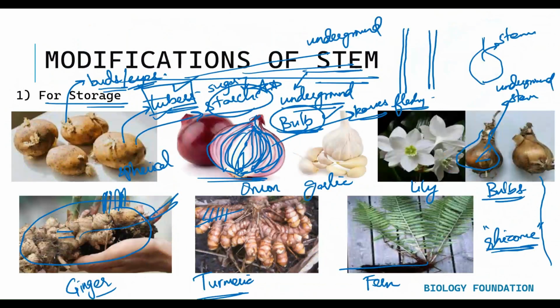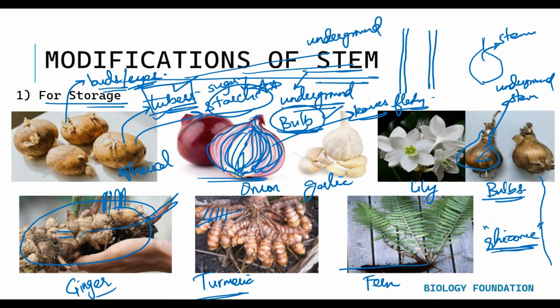In some plants, unlike normally where a stem grows above the soil, the stem grows underground and it stores food. Examples include potato, where you find tubers, onion and garlic, or lily, where bulbs are seen, and rhizome, specifically seen in ginger, turmeric, and fern.